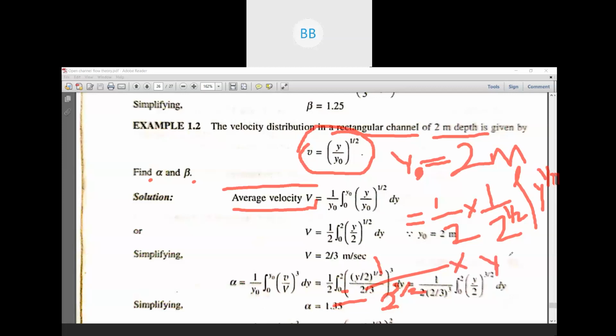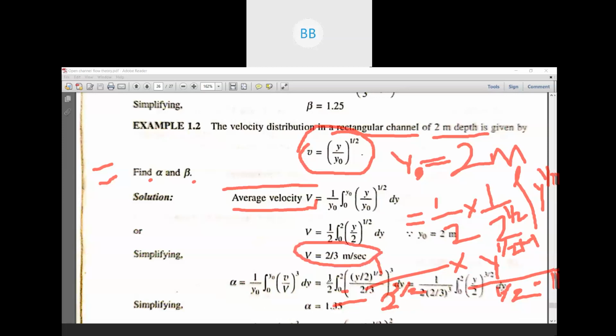So you all know the integration of this: y to the power half, half plus 1, divided by half plus 1. So you further calculate and you will get this value.